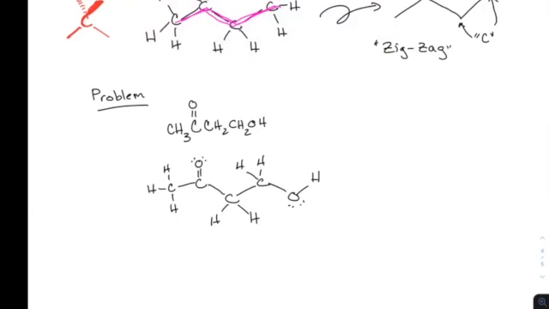Okay, how many carbons do we have in our chain? 1, 2, 3, 4. So we're going to have a 4-carbon chain. 1, 2, 3, 4. That last one has an oxygen attached. That has a hydrogen attached. That oxygen has its lone pairs.